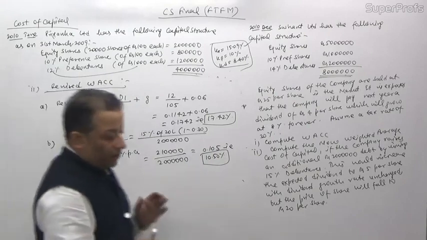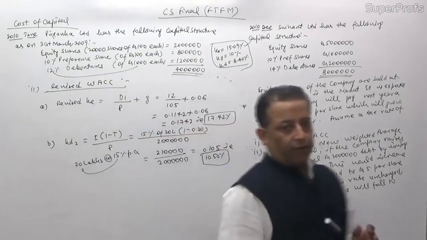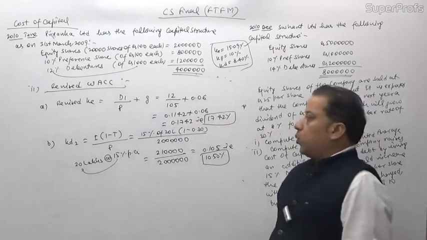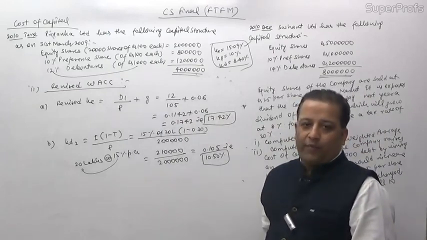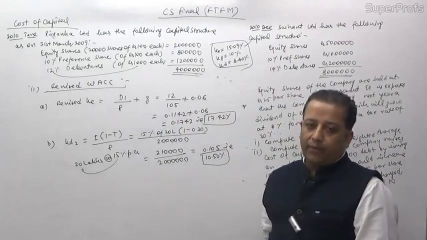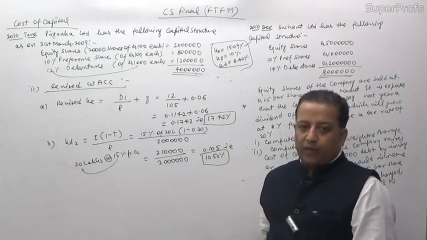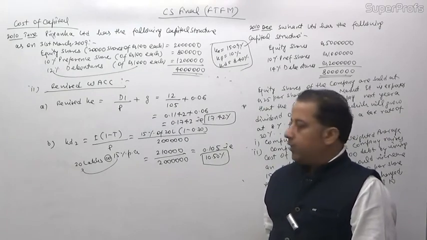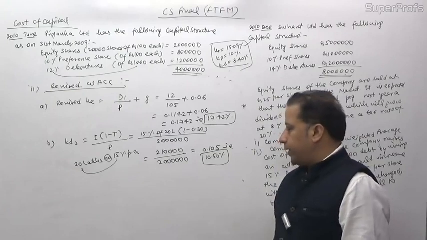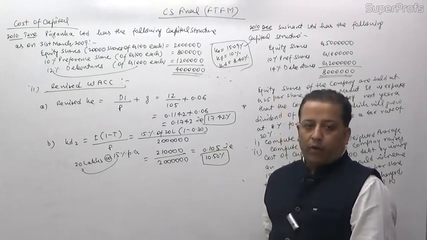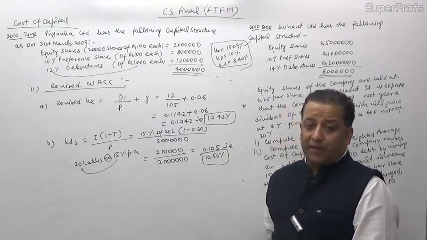So the cost of debt too, meaning the cost of loan, amounts to 10.50%. If the company borrows rupees 20 lakh at the rate of 15% per annum, the cost of loan amounts to 10.50%.